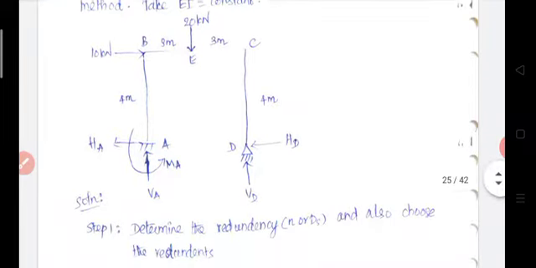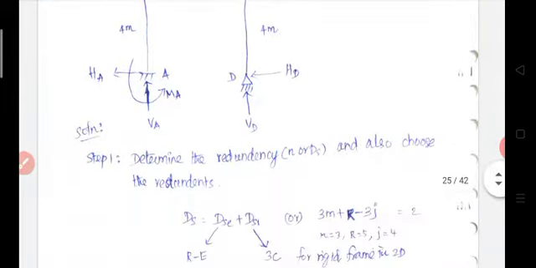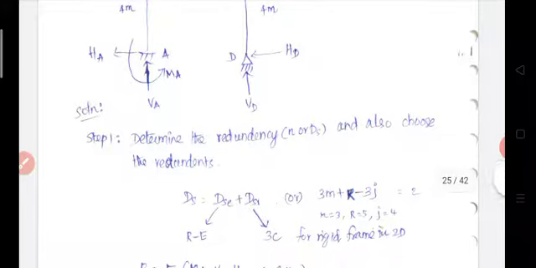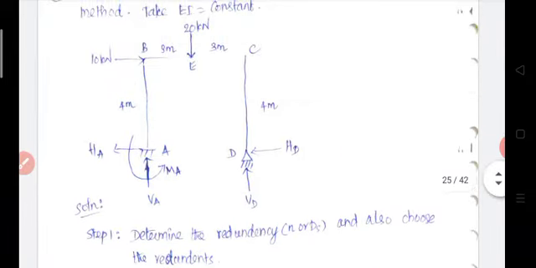The first and foremost thing is to determine the degree of indeterminacy, or degree of redundancy, of the structure and also choose the redundants. It is a portal frame. End A is fixed and D is a pin support.